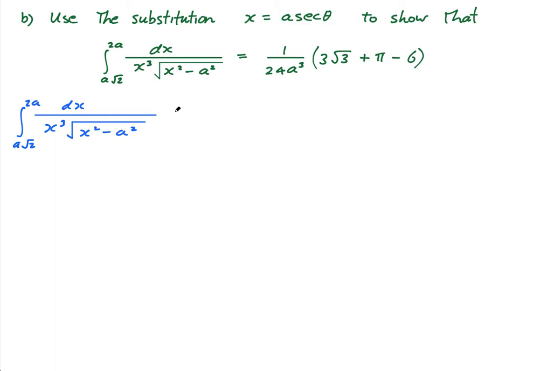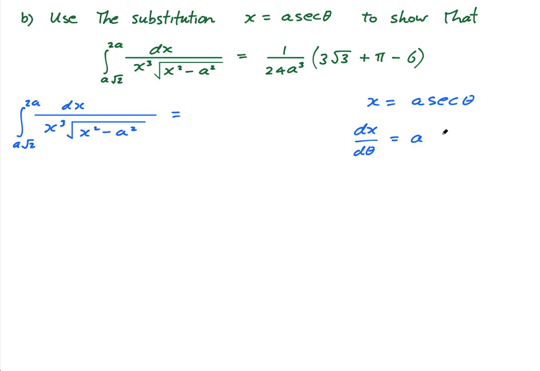So what I'm going to do is, well, he tells me what to do. He says let x equal a sec theta. Fine. So x is equal to a sec theta. Now we always differentiate the substitution. So I'm going to say dx d theta equals this, the derivative of sec theta is in the formula booklet.